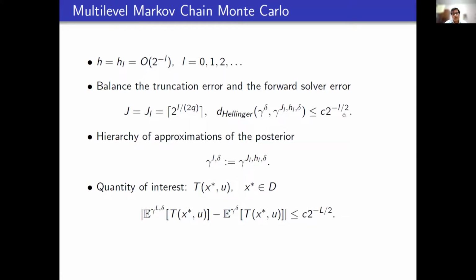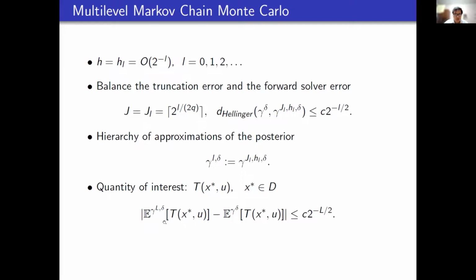So here we have a hierarchy of resolution levels for the forward equation, which leads to a hierarchy of approximation for the posterior. And this is the posterior that we wish to find. And this is what we will find.